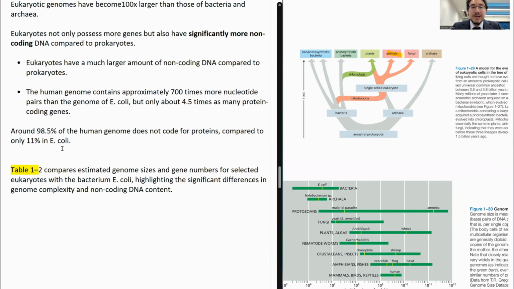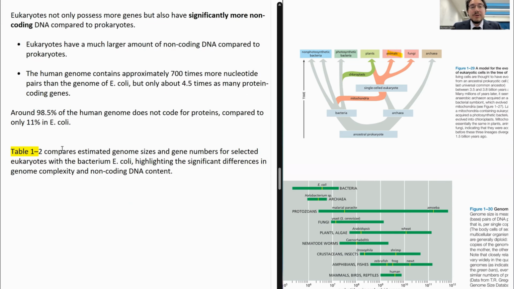In the case of the human genome, you have approximately 700 times more nucleotide pairs than the genome of E. coli, but only about 4 times as many protein coding genes. Not as many. So that's quite interesting.